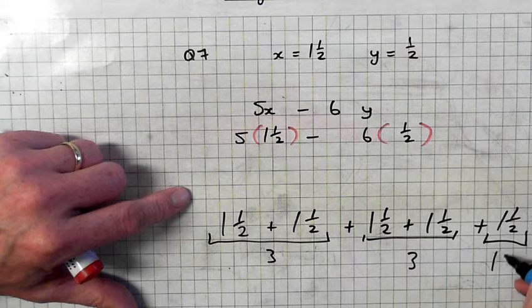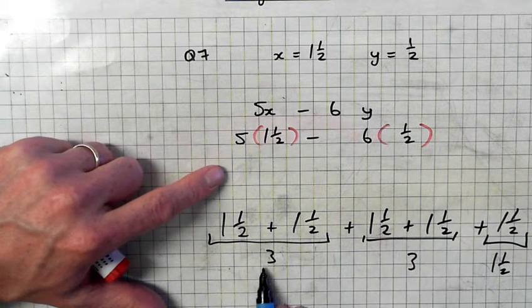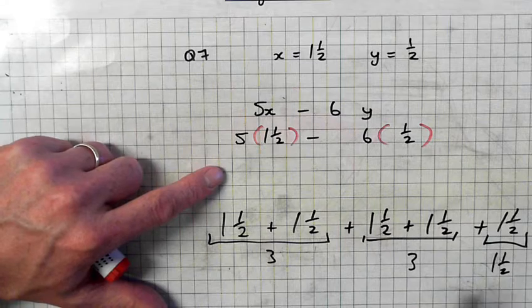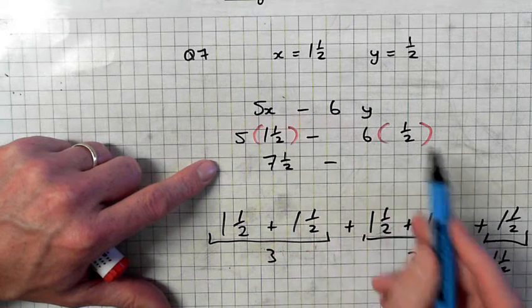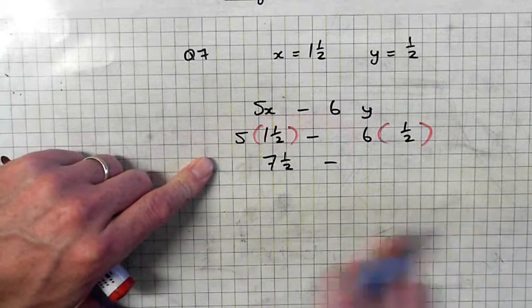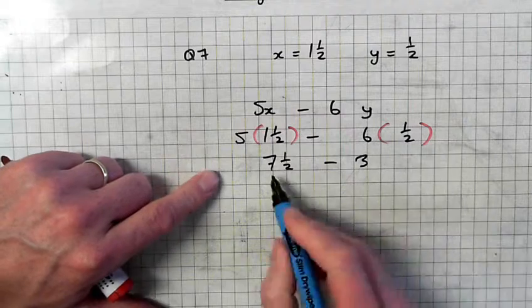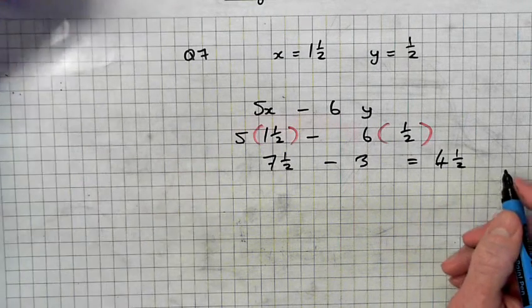So if you add them all up, there's 5 of them, so 7.5. 6 halves is 3, isn't it? So minus that. 4.5.